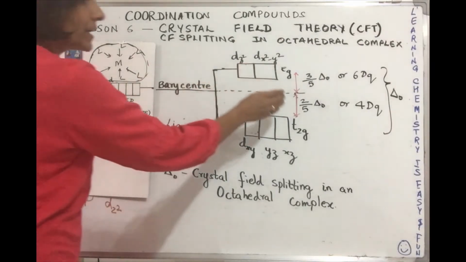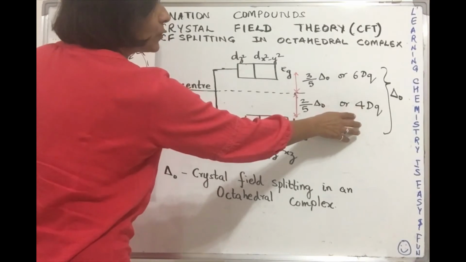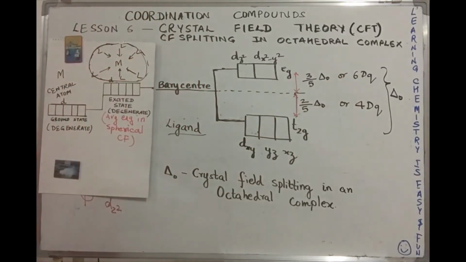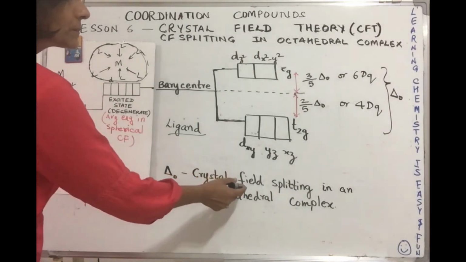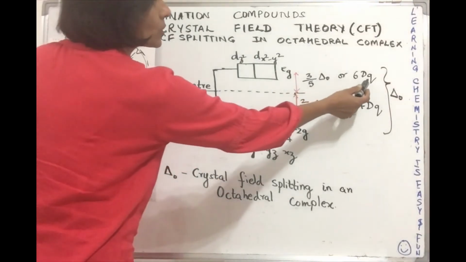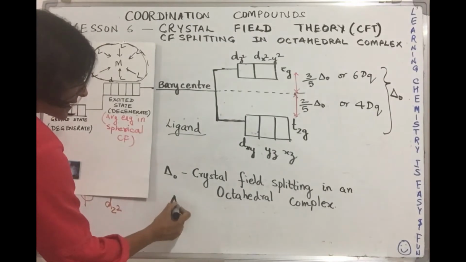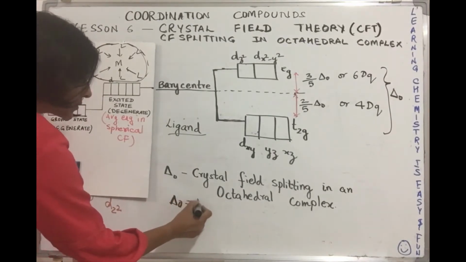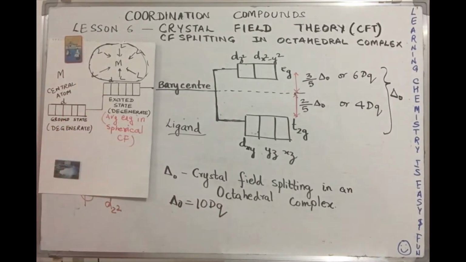Now, if you see, I have used another notation over here, 4 Dq and 6 Dq. What is it? This crystal field splitting is measured in terms of a parameter called Dq. We are not going to go into the details of it. So delta O is equal to 10 Dq, right?